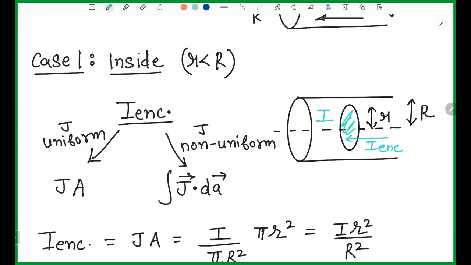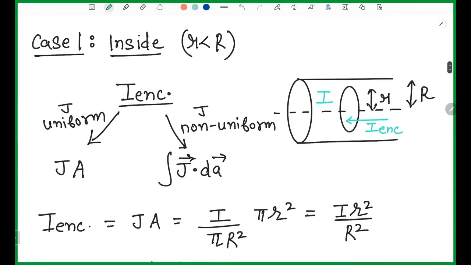But if you have non-uniform current density, for example, here the current is different, here it is different, then you use the formula of integration, J dot dA integration, similar to what we did in the differential form of Ampere's circuital law. So in general, the current is always J dot dA, but if it is uniform, you can write this as J A.